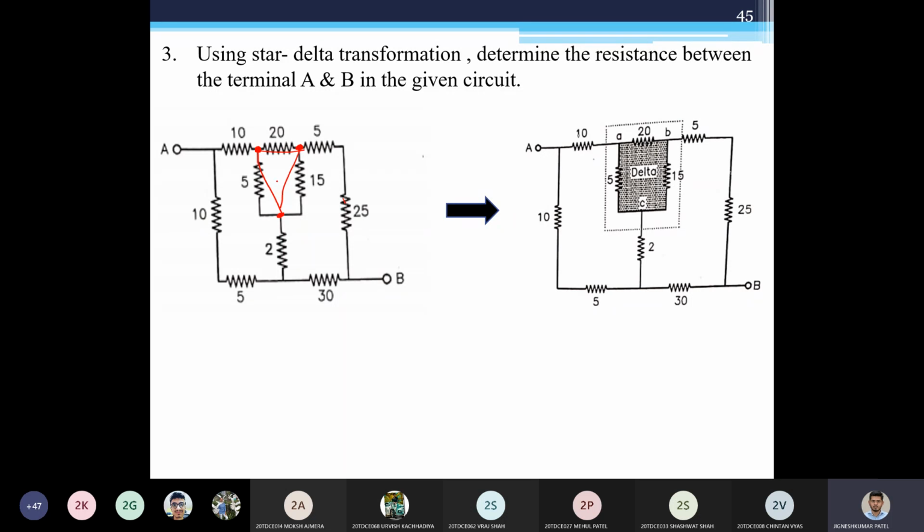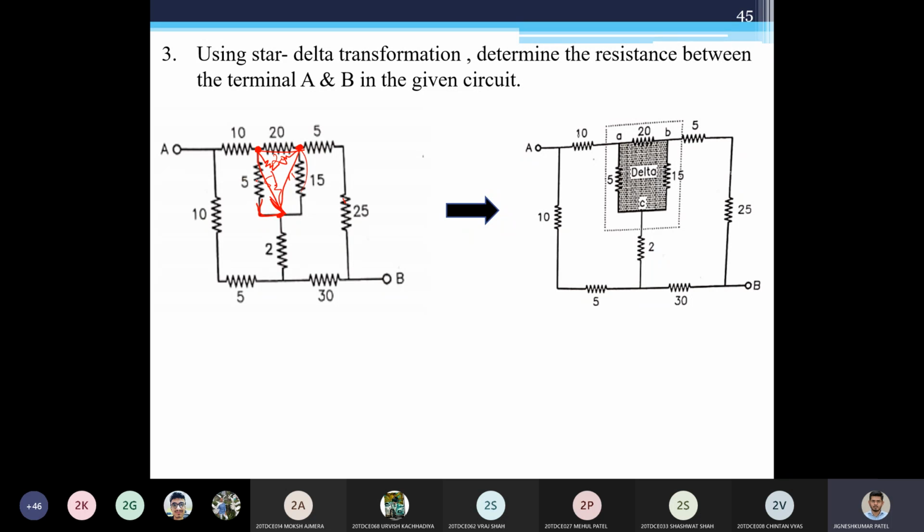This forms a delta. Here there is a 5 ohm resistor, 15 ohm resistor, and 20 ohm resistor. This forms a delta. Though it looks like a square, it is actually a triangle, because if I draw it like this or like this, it's the same thing. So this is basically a delta, and first I'll solve this delta, then I can convert this example into a series parallel example. So from this what I'll get is this.